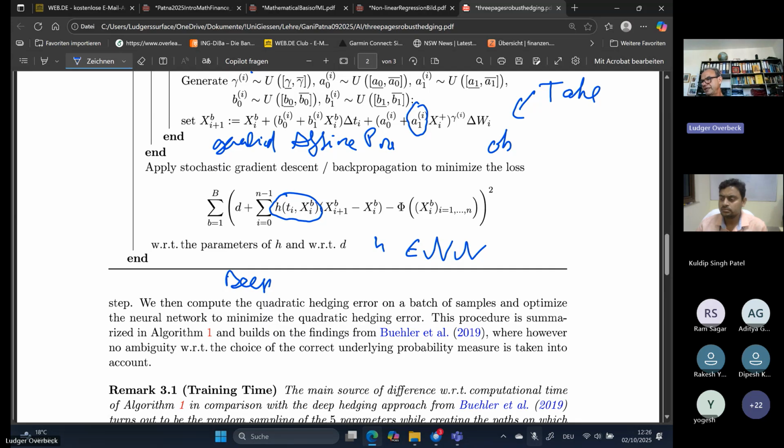In your batch here, the batch is generated artificially, but you can also take observed data. And then you do the same. What would have been the best hedge in the data you were considering? Okay, so I stop here.